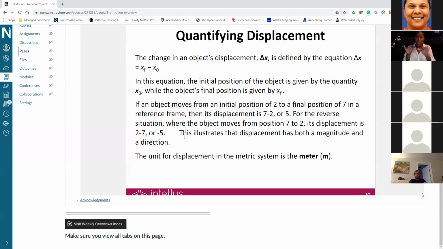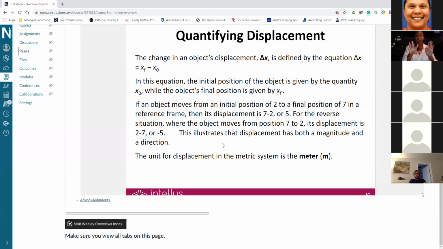So we could say, for example, here, if the object moves from a position of 7 meters to 2 meters, then its displacement is -5 meters, because we'd have to have a unit on there. Okay.